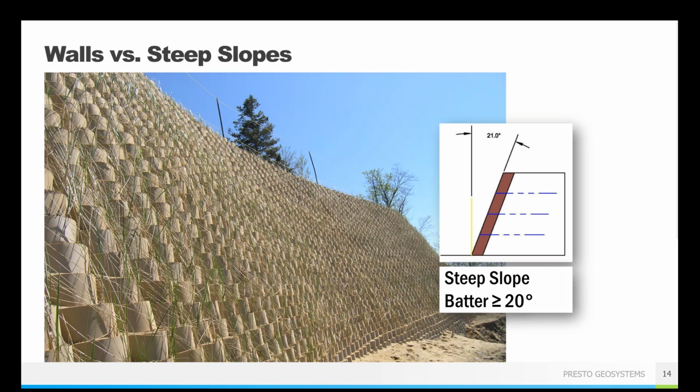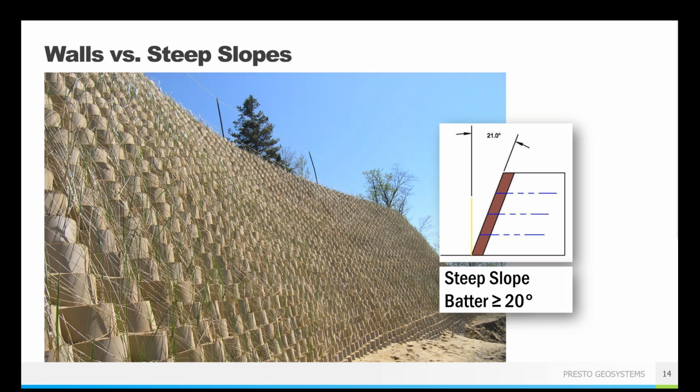Probably the biggest difference between a steep slope and a retaining wall is that the walls are built to provide a globally stable structure with internal reinforcement, whereas steep slopes are intended to help mitigate potential surface problems in an already stable area. And that's going to be the key difference: is your slope already stable and maybe it's just seeing a bit of superficial erosion or sloughing, or are there actual deep-seated erosion concerns?